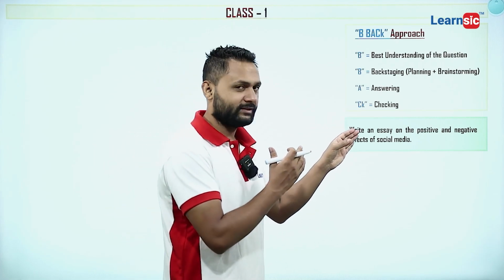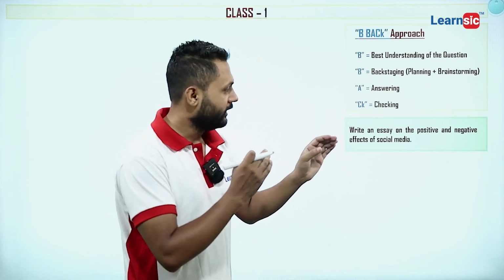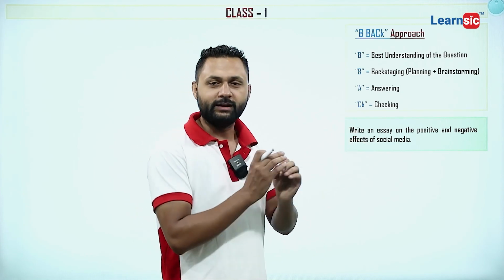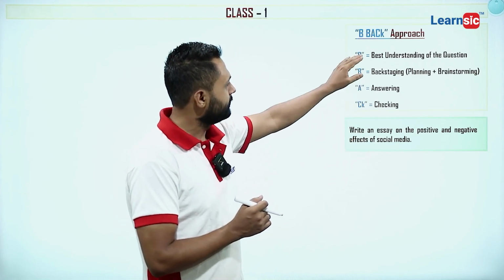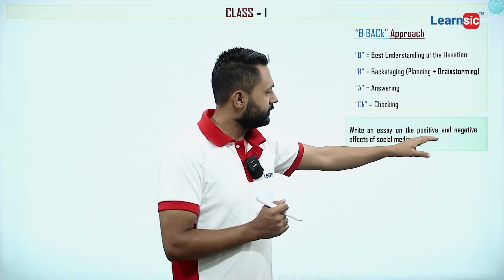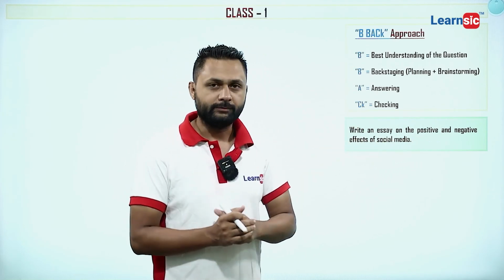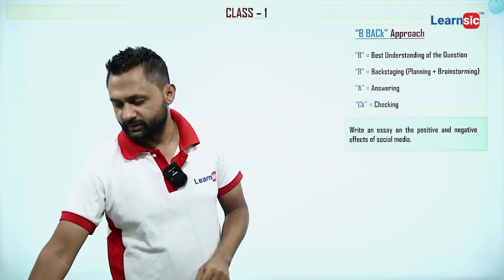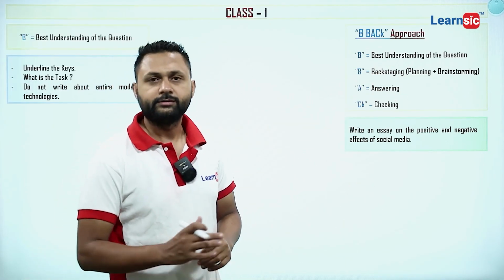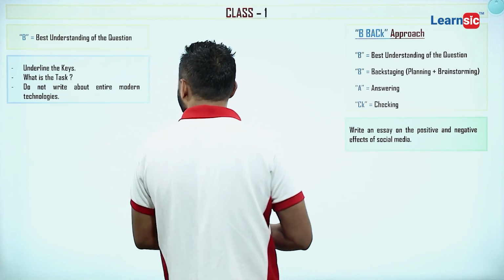Honestly, your IELTS Writing Task 2 question doesn't look like this, but let's begin with a basic question: write an essay on the positive and negative effects of social media. So the first thing you need to do is best understanding of the question.